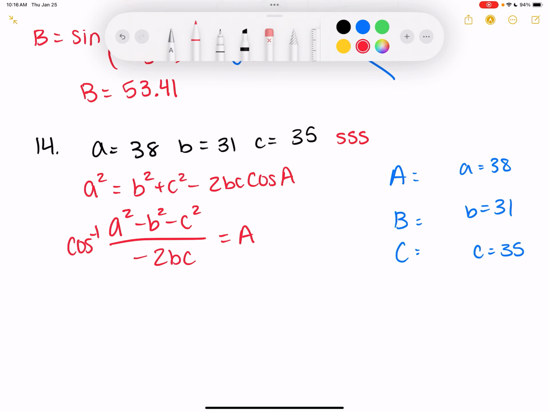So now, plugging stuff in, I've got the inverse cosine of 38 squared minus 31 squared minus 35 squared all over negative 2 times 31 times 35.